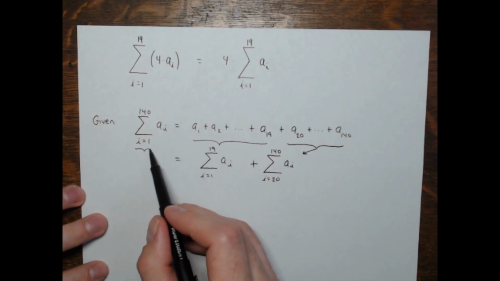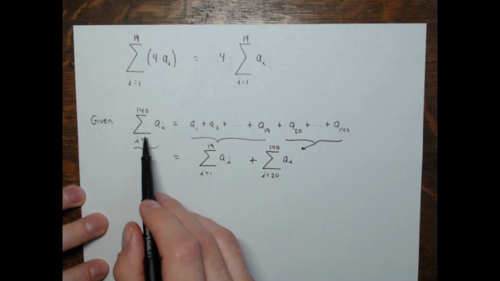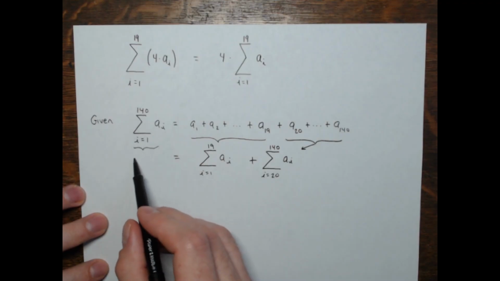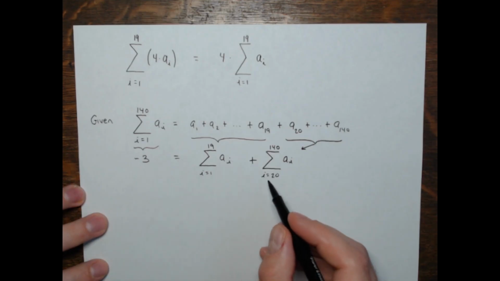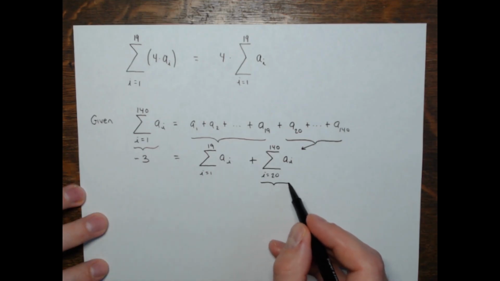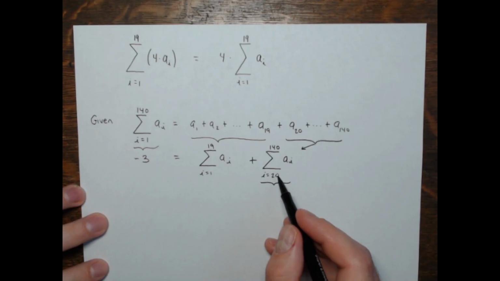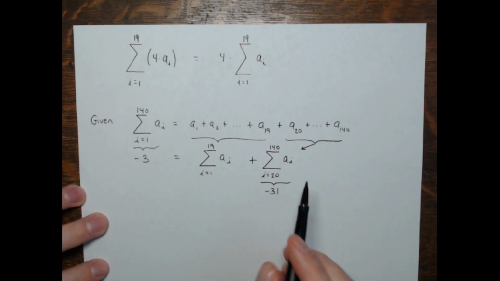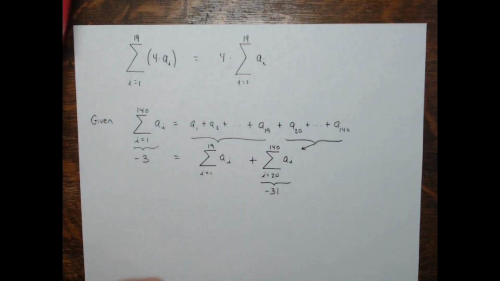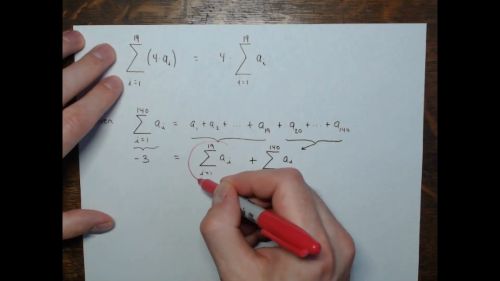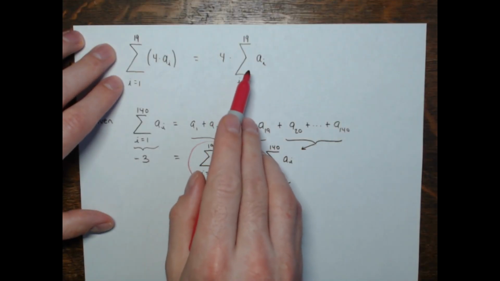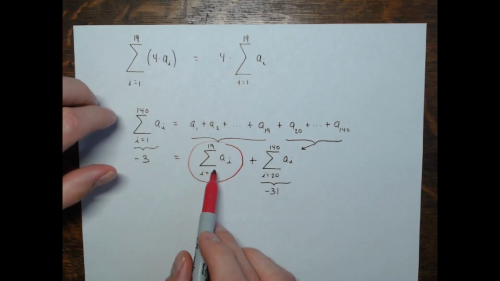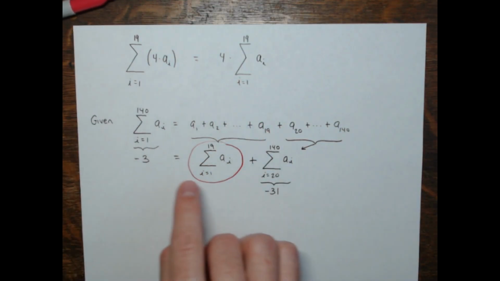We were given that the whole sum from 1 to 140 was -3. We were given that this value from the 20th term to the 140th term was -31. So to find this, which is part of the expression I want to find the value of, I just need to add 31.